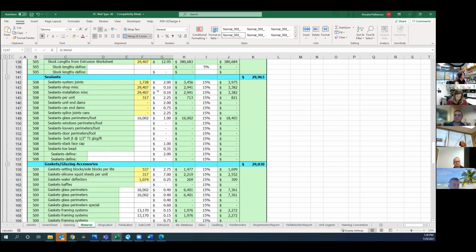So we look at it today on a per joint basis. When we say a joint, we're talking about a horizontal marrying into a vertical. And again, we're looking at a unitized system here in the shop, horizontal marrying into a vertical. That count is coming from my opening schedule.